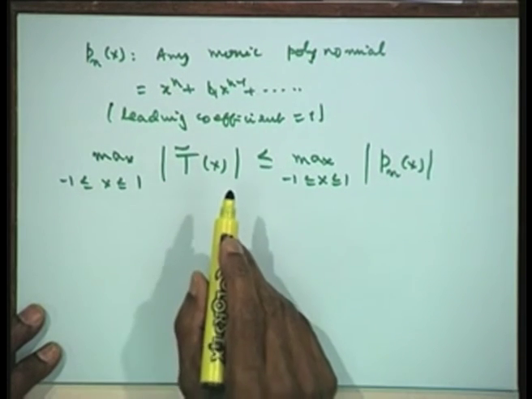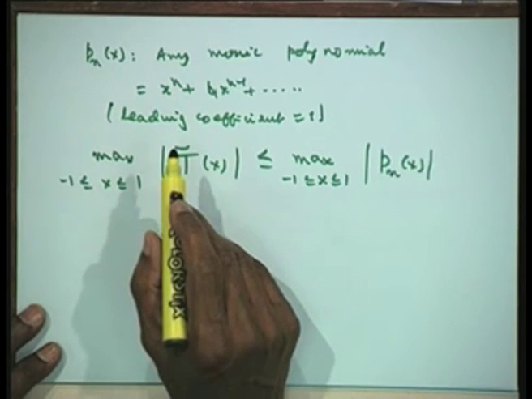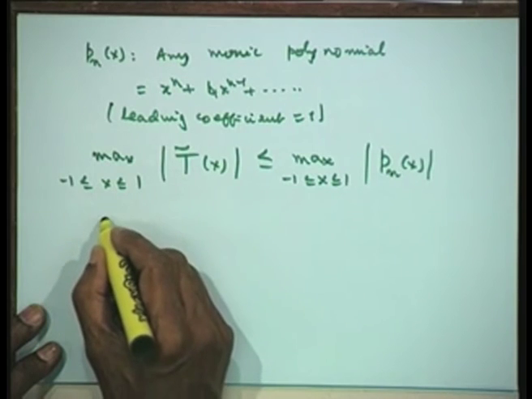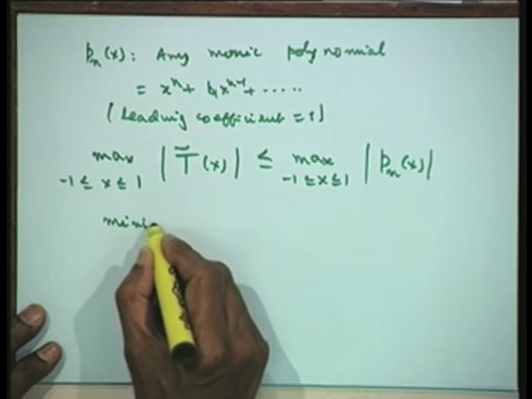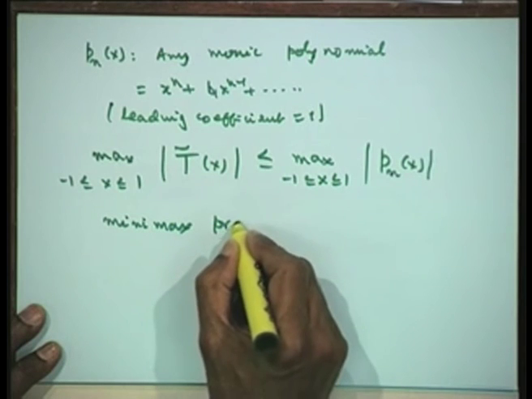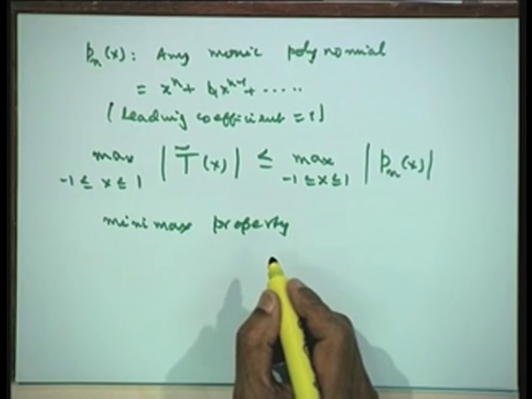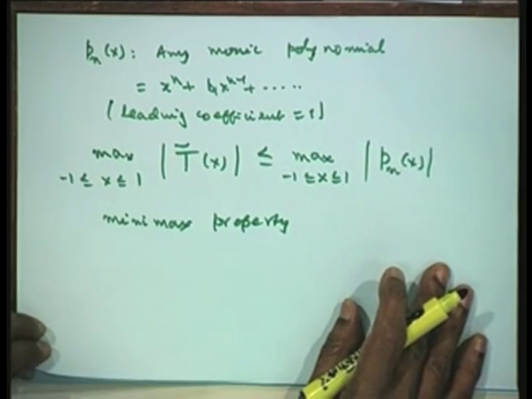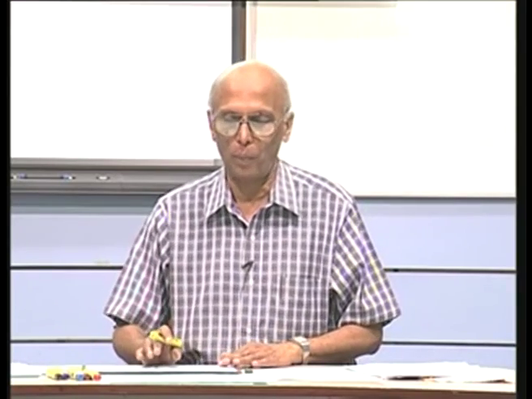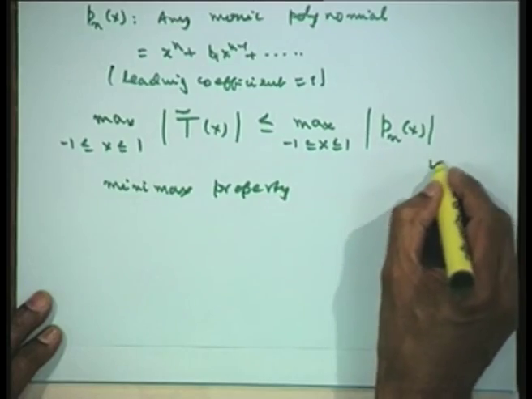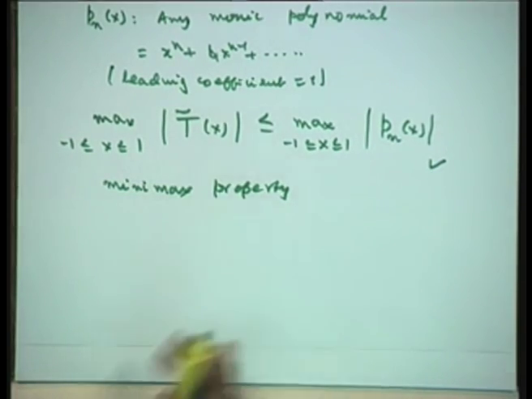Therefore, in all the approximations we would prefer to use Chebyshev polynomials because its error is going to be the smallest, and this property is called the minimax property of Chebyshev polynomials. That is why, even though Legendre polynomials can also be used, Chebyshev polynomials are preferred because of this particular property. Okay, we would stop at this.